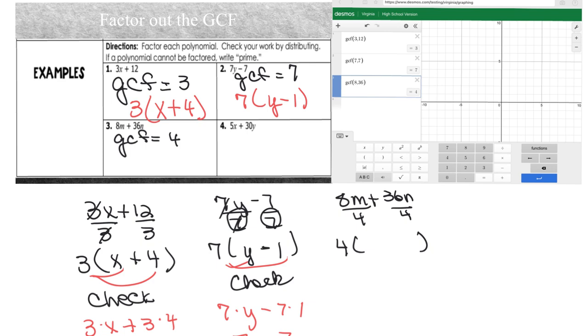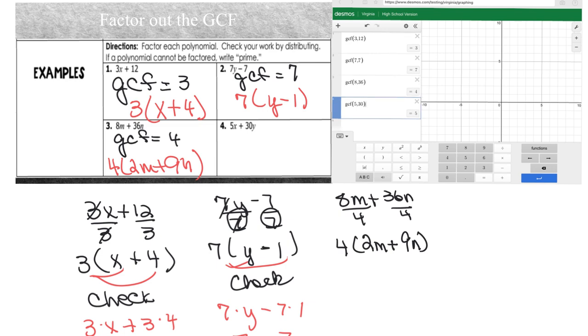To get what goes inside, I'm going to do 8 divided by 4, which is 2, and I bring the m down, plus 36 divided by 4 is 9, and I bring the n down. Therefore, 4 times 2m plus 9n would be my answer. And again, on that one, we can check by distributive.